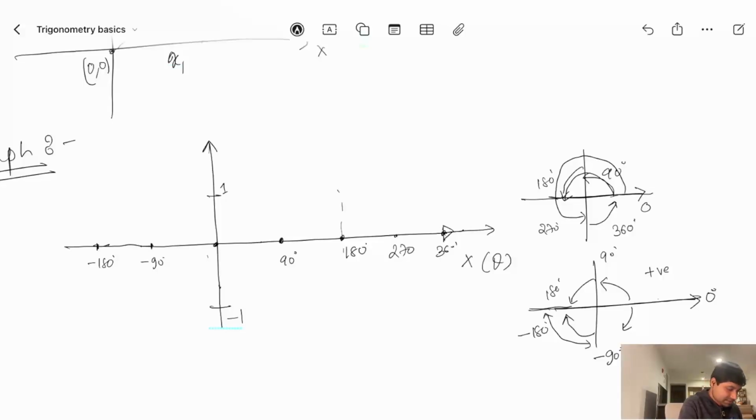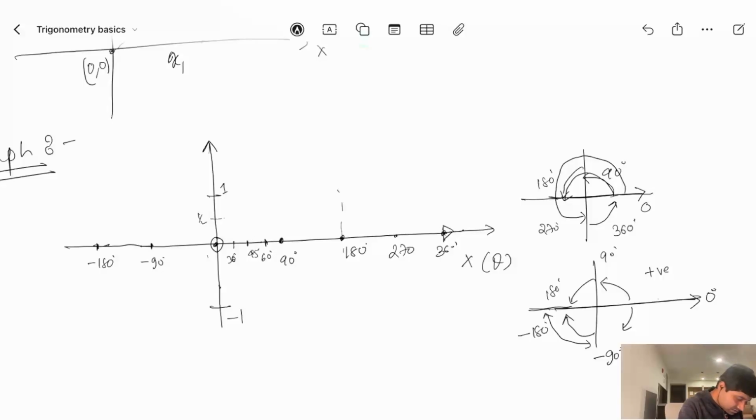We know it is 0, so I'm just plotting the sine function right now. What is the value of sine 30 degree? That is half. So this could be the half, and this is 30, this is 45 degree, this is 60 degree, just separating out.